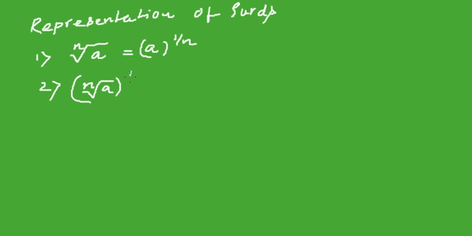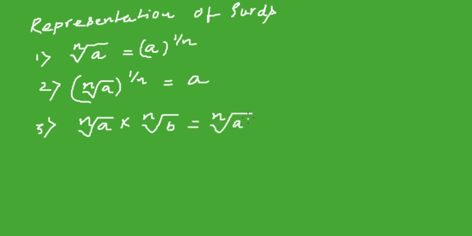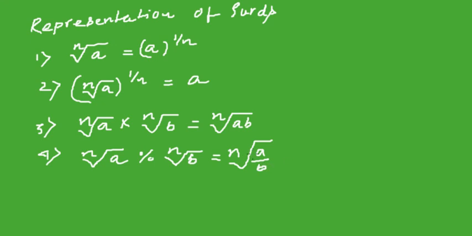Nth root of A to the power of 1 by n is equal to A. Nth root of A into nth root of B is equal to nth root of A into B. Nth root of A divided by nth root of B is equal to nth root of A by B. Here n is greater than or equal to 1.